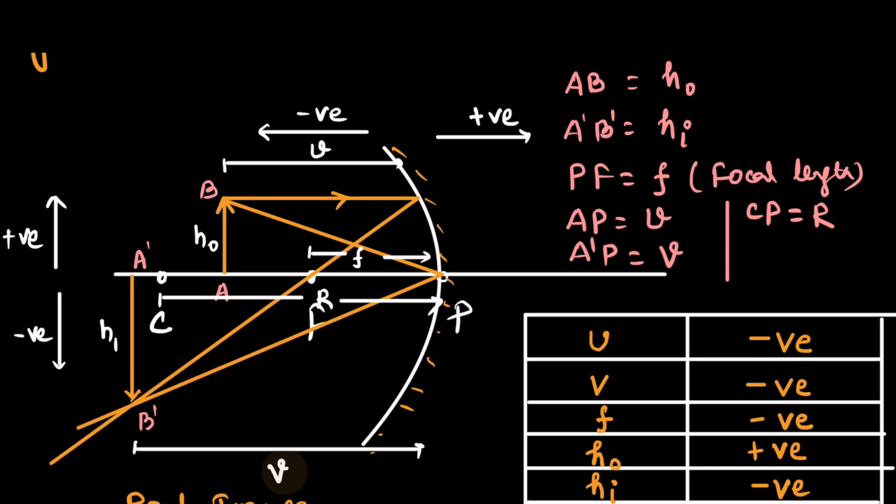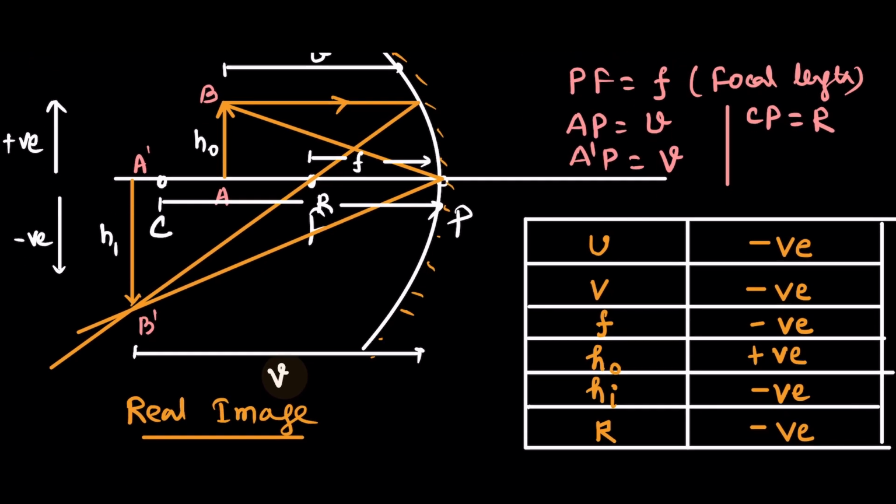So this table that we made here is applied for the concave mirror, which forms real and inverted image. There we can use this table.